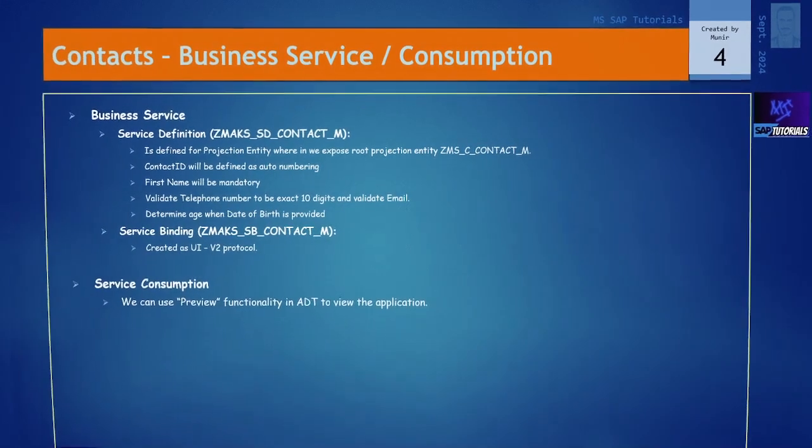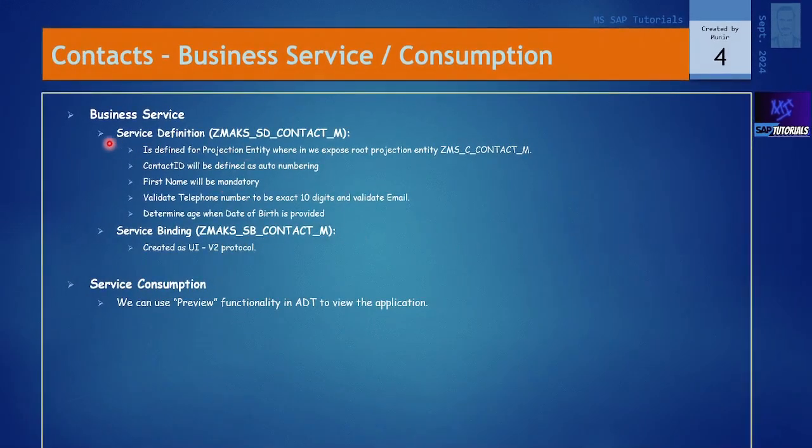And then we will create a service definition. This is nothing but just exposing the entity that we have already created. In our case, there will be only one entity called contact that we'll be exposing. Finally, we will be creating a service binding with OData created with UI version 2 protocol.